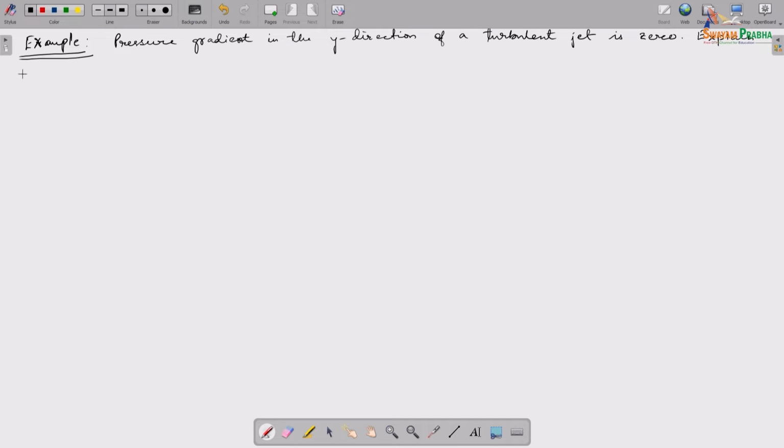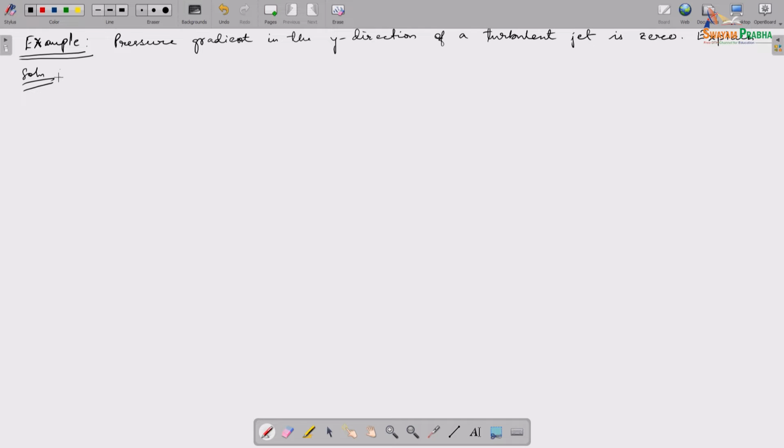Explain. Okay. So I think we've done this in detail earlier, but let's take a relook at it. So pressure gradient in the y direction of a turbulent jet is 0. What do we mean by that?